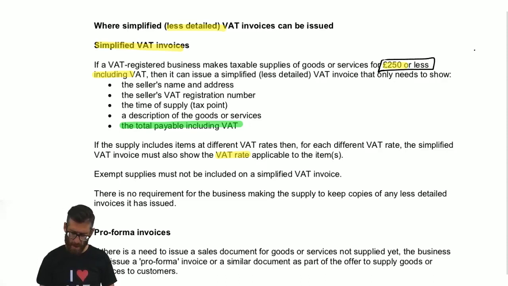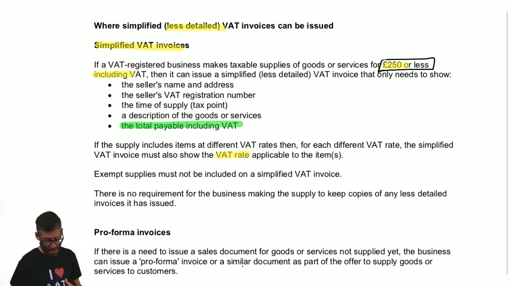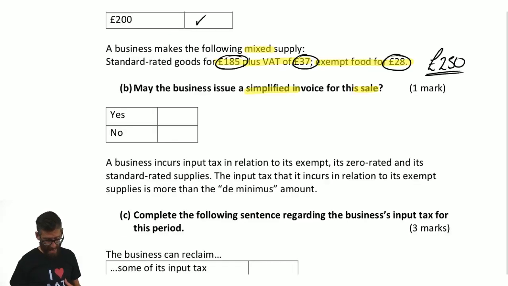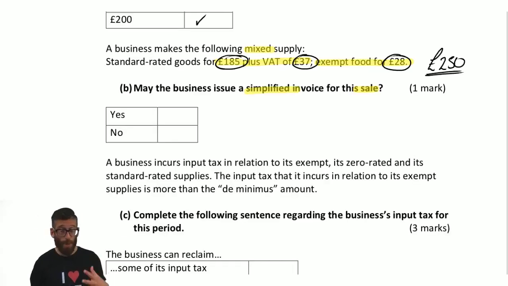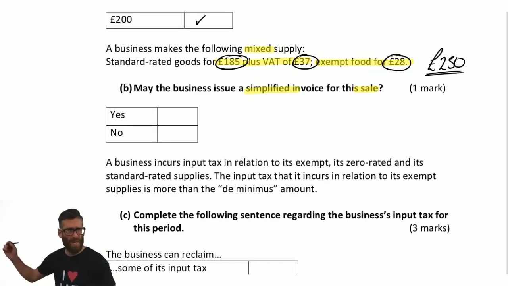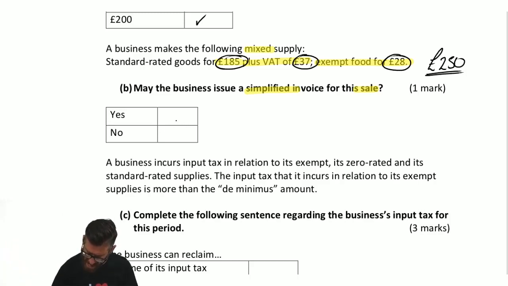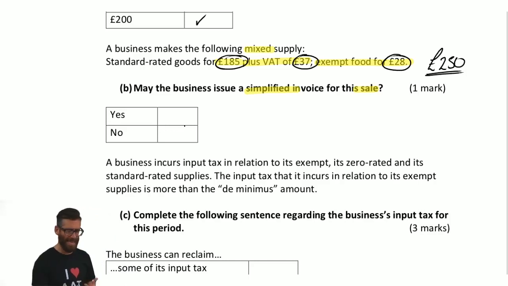Okay, well, with that piece of information, it's suggesting to us that they can. And you would be induced to pick up your pen and come straight in with a yes, but you'd be wrong. Why? It's less than 250, including all of the total.